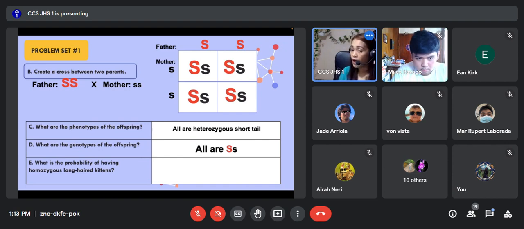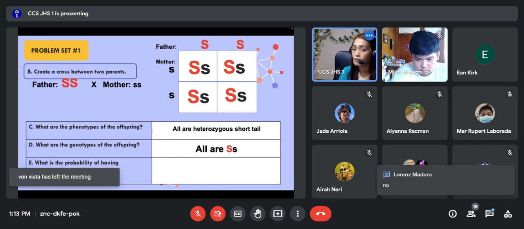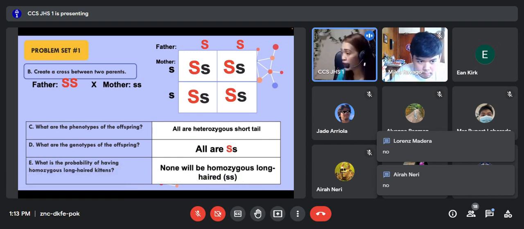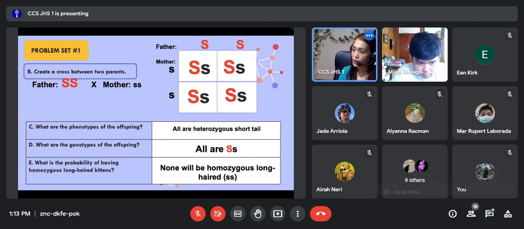Now the question is, is there a chance that you will have a homozygous long-haired cat or kitten? No. So there's zero chance that any of the offspring will be homozygous long-haired.